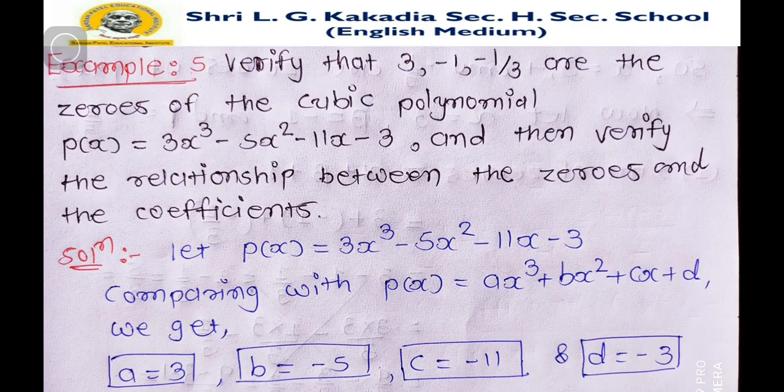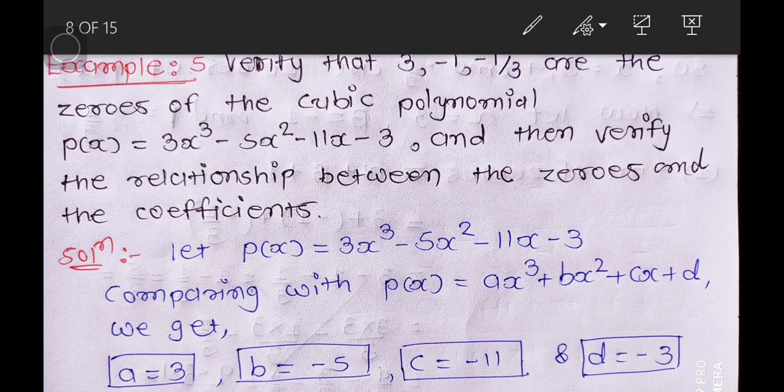Now let me solve one example and we understand by one more example, that is example number 5. Verify that 3, minus 1 and minus 1 by 3 are the zeros of the cubic polynomial p of x is equal to 3x cube minus 5x square minus 11x minus 3, and then verify the relationship between zeros and coefficient of given polynomial.